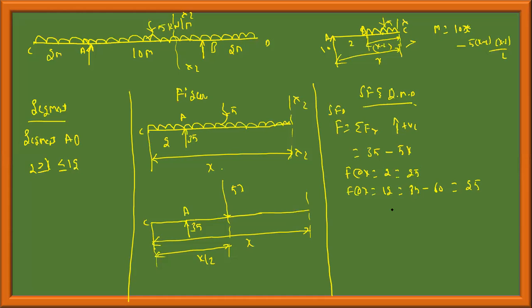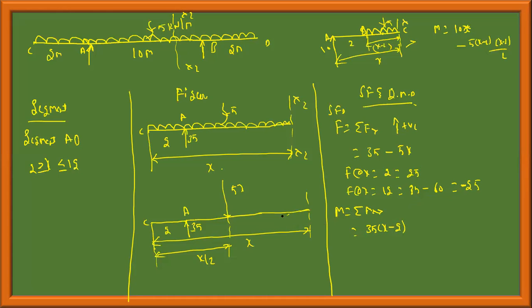Give me a moment. Okay, this is minus 25. Moment is equal to summation of moment about xx, which is equal to, carefully see it, this is 2, this is x, therefore due to this point 2, this will be 35 into x minus 2.